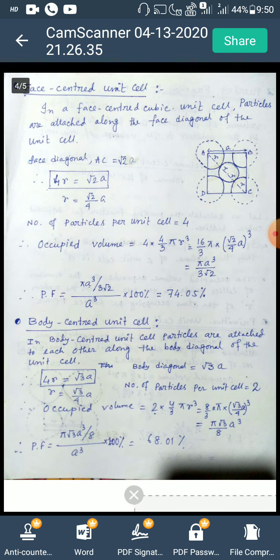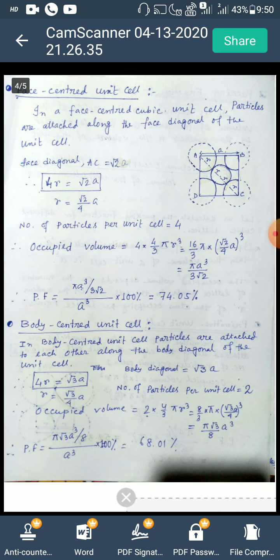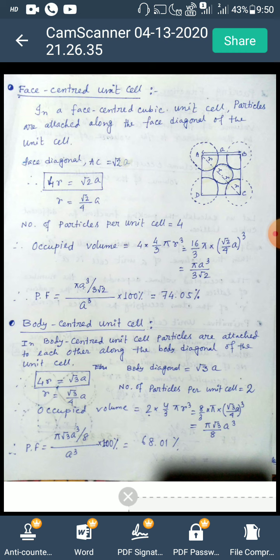You can see this because there is a particle at the midpoint of each face in a face-centered cubic unit cell.